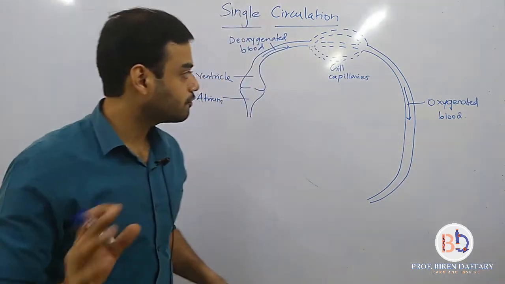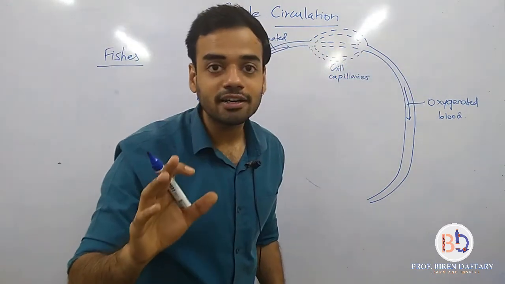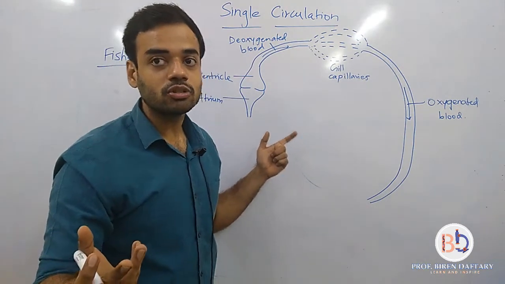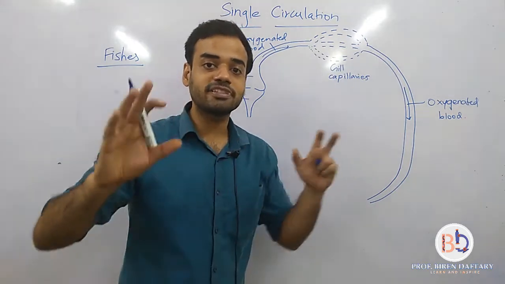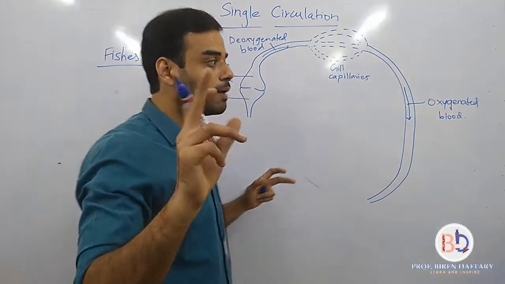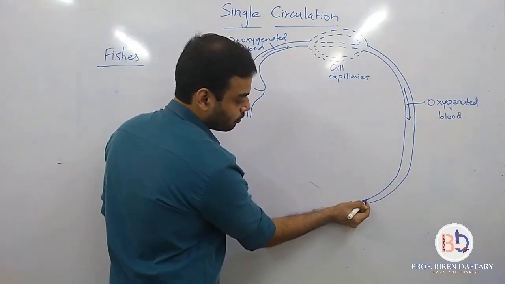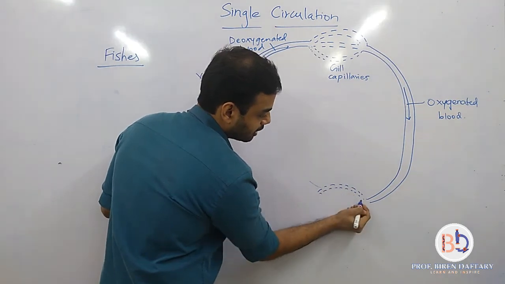But in the case of fish, the oxygenated blood from the gills doesn't go back to the heart, because this is not a four-chambered heart, this is just a two-chambered heart. So directly from the gills, the oxygenated blood will go to the cells of the fish. It will not go back to the heart. So now again there are capillaries which are formed over here. I am going to draw the capillaries in this dotted manner.